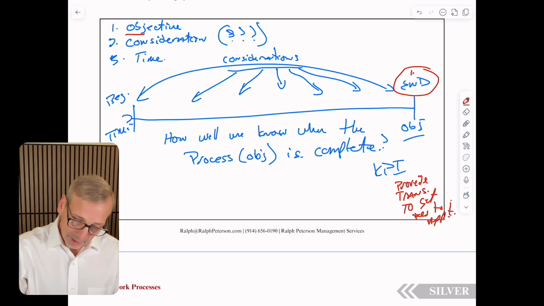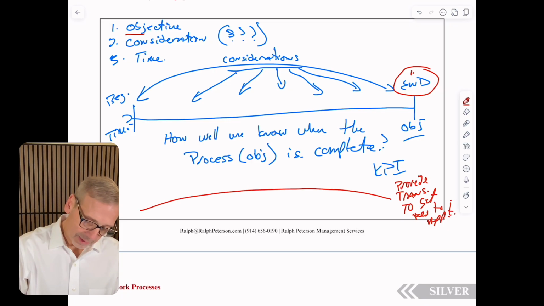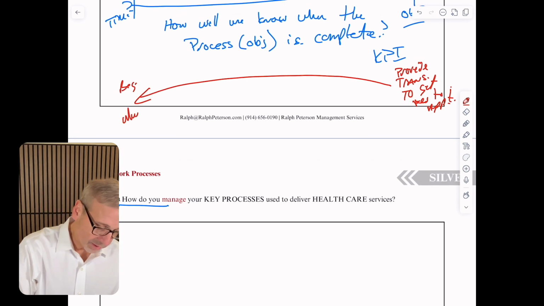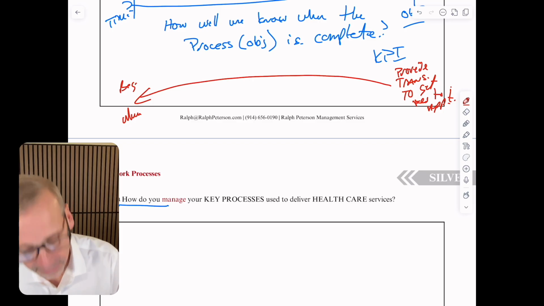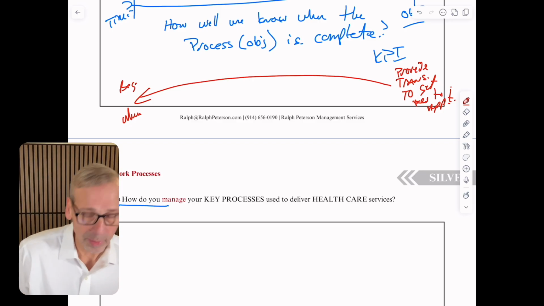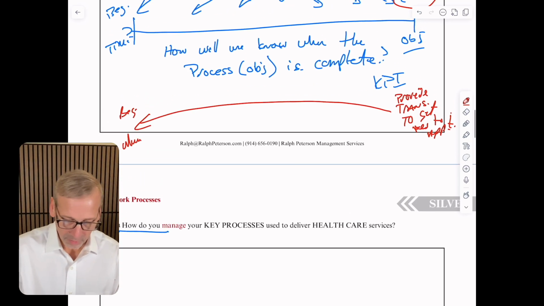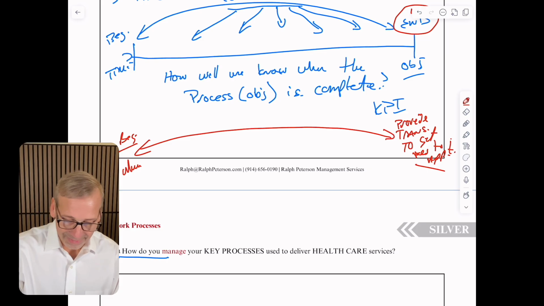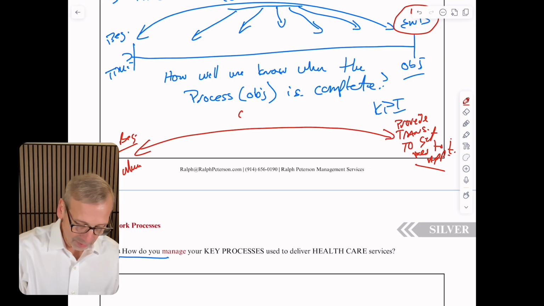So, as we travel back in time, we know that we're just simply going to be identifying the beginning, which is a when question, right? When do we start? Could be also a where question, not only when, but where. In the middle of, we know we need to begin, and we know what our objective is, what we want to do in the end. In the middle of all this are considerations.